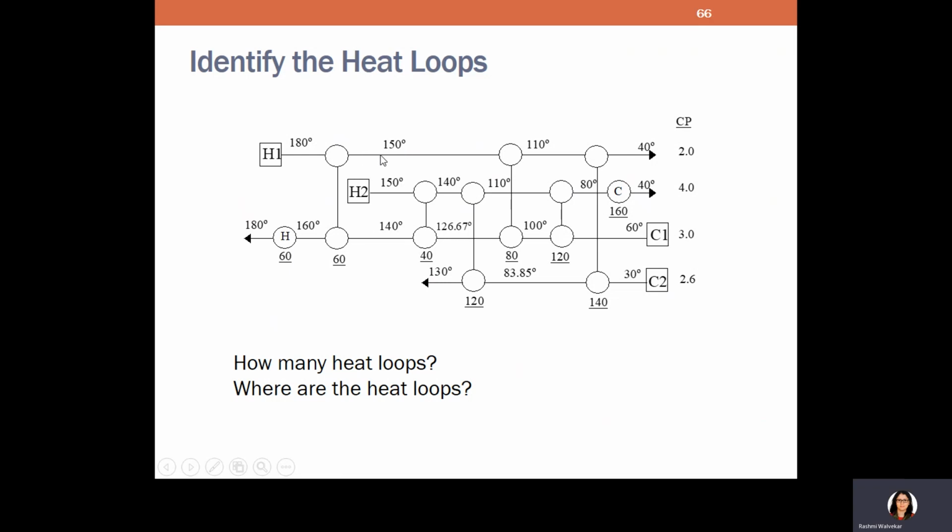If you don't know the values for streams, you can calculate them using the formula Q equals mCp delta T. Now identify how many heat loops you have here. This is one heat loop. This is the second heat loop. And this is another heat loop.